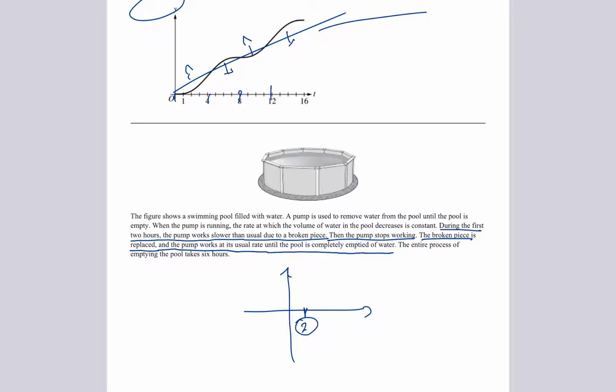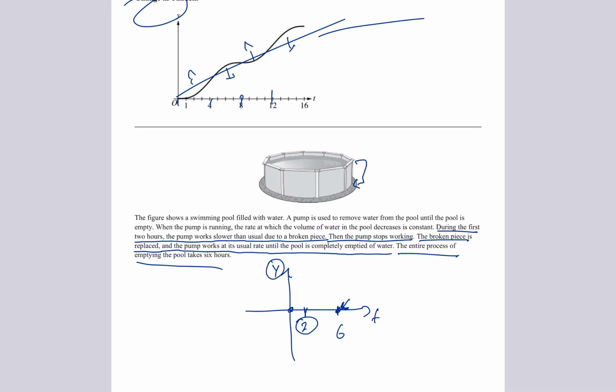I'm sorry, they're removing water. Just realized that. The entire process of emptying the pool takes 6 hours. So at 6 hours, the pool should be empty, so the function should be at this point. Now, assuming this is time and this is y, which represents the depth of water as we remove it from the pool.